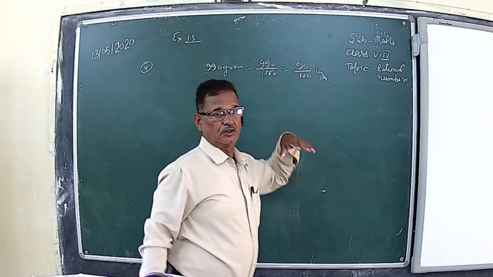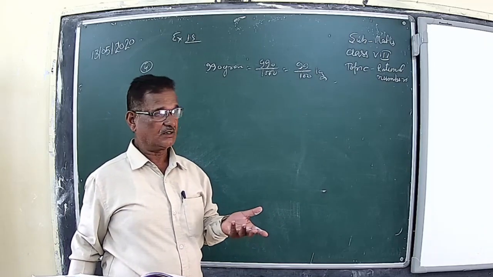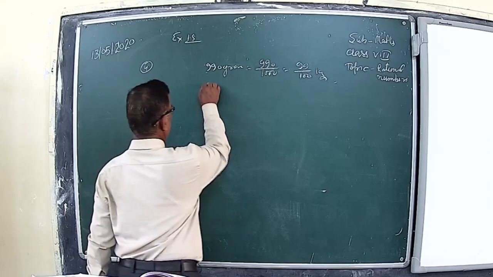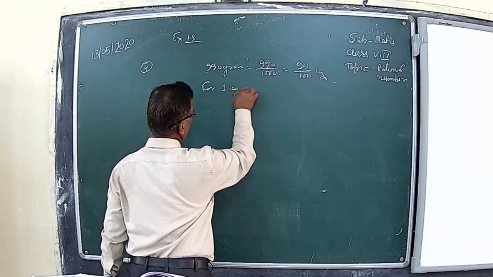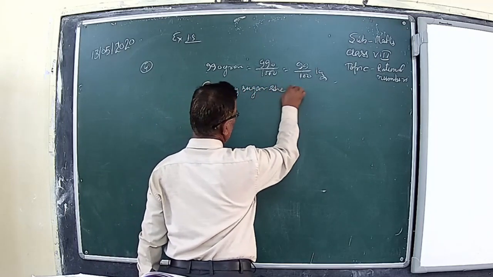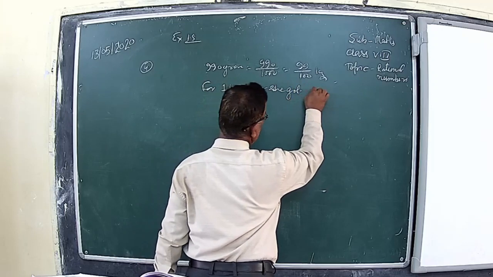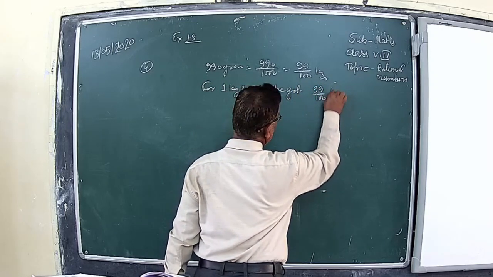Then for 2 whole 1/2 kg, how much sugar did she get? For 1 kg of sugar, she got 99 by 100 kg.